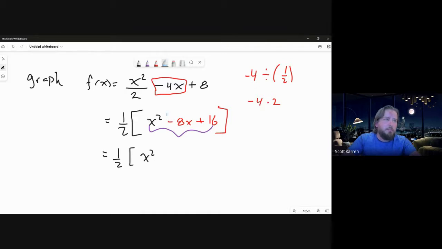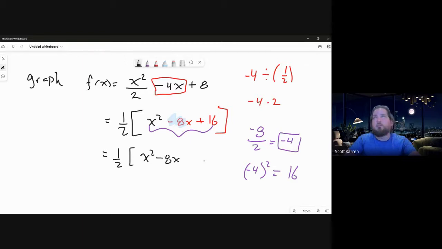But I'm going to take this middle value, -8, and divide it by 2. That's -4. So -4 squared, after I square that thing, is 16. And so I want this to read as -8x and, oh, plus 16.